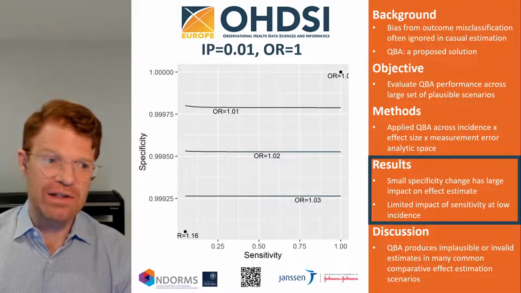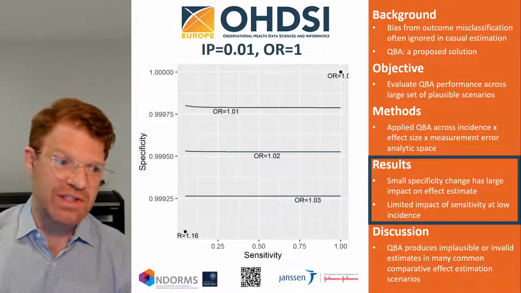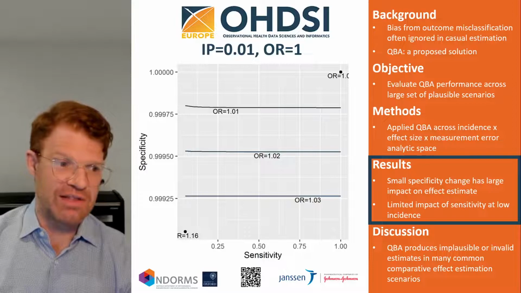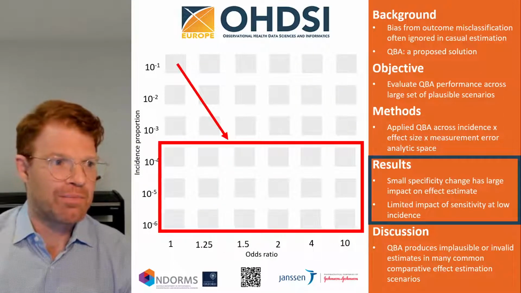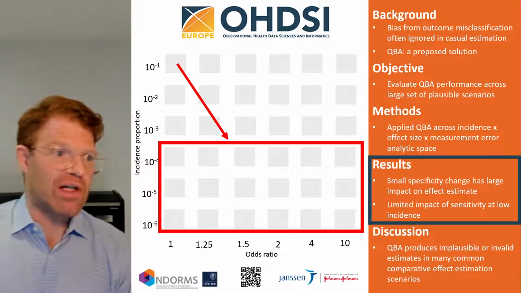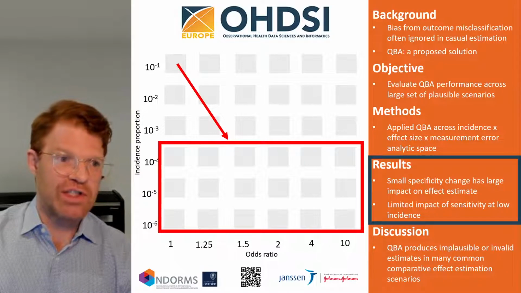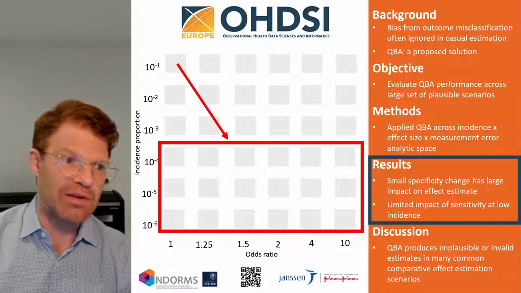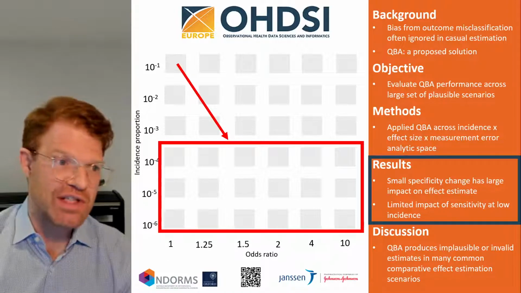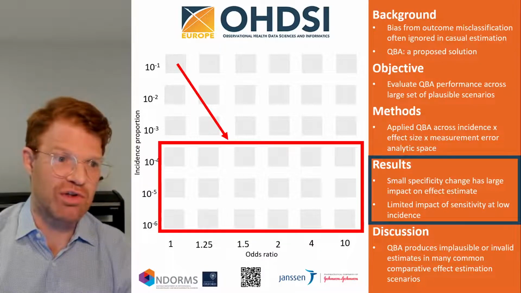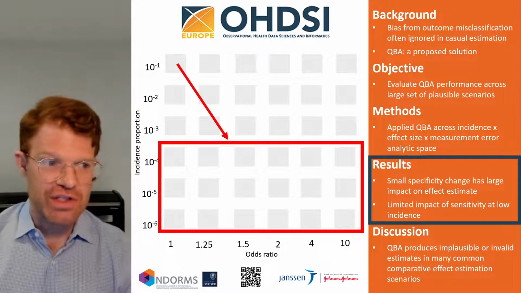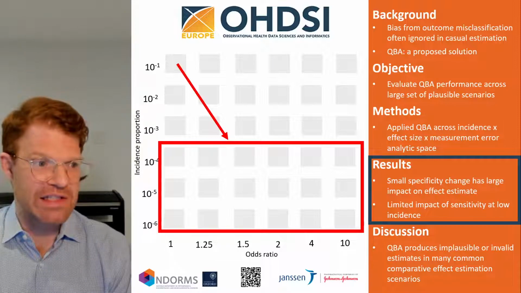The main finding is that very tiny specificity changes have considerable impact on correction, but sensitivity has little impact at all. As we move down and right across the grid, we increase the uncorrected odds ratio and decrease the incidence proportion input. We see a similar pattern. The range of specificity values needed for valid and plausible results gets progressively smaller, meaning that very small and precise specificity changes considerably inflate the magnitude of the correction.